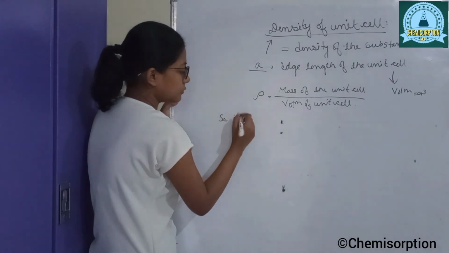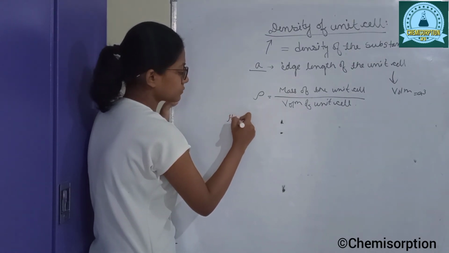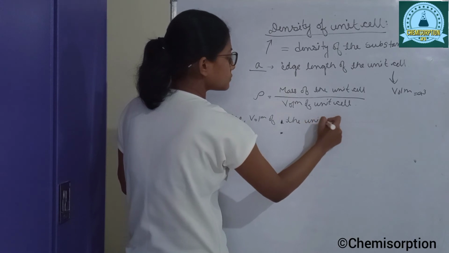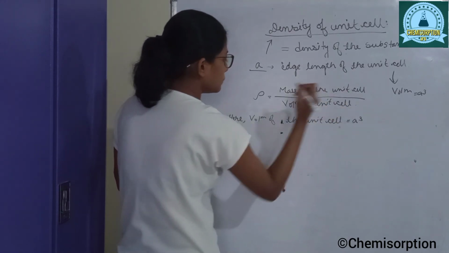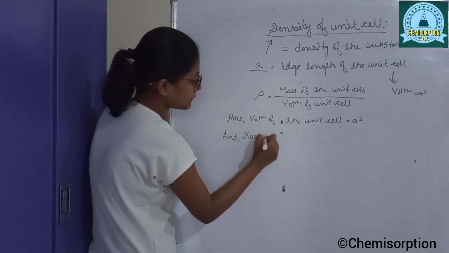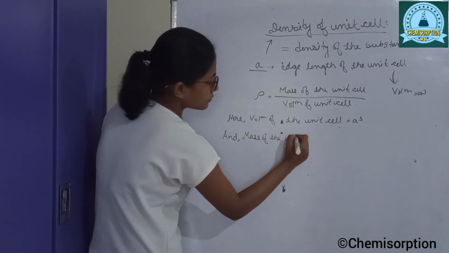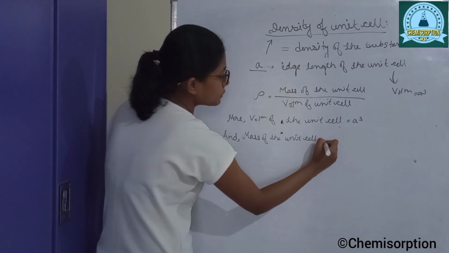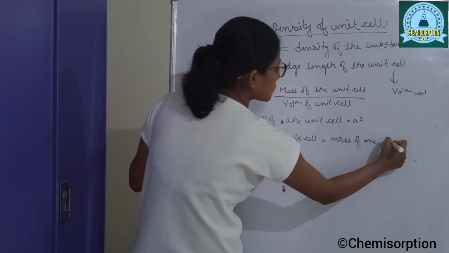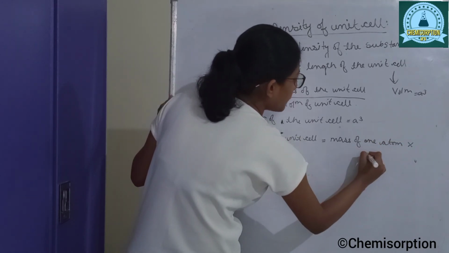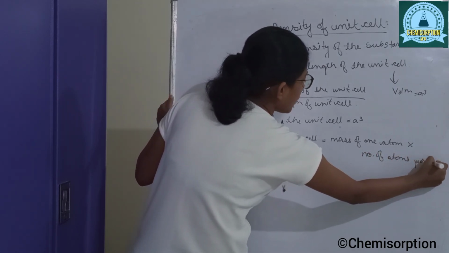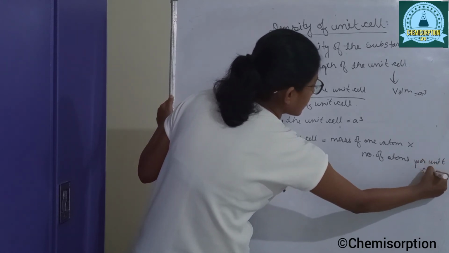So now volume of the unit cell is a cube, and mass of the unit cell is equal to mass of one atom multiplied by number of atoms per unit cell.